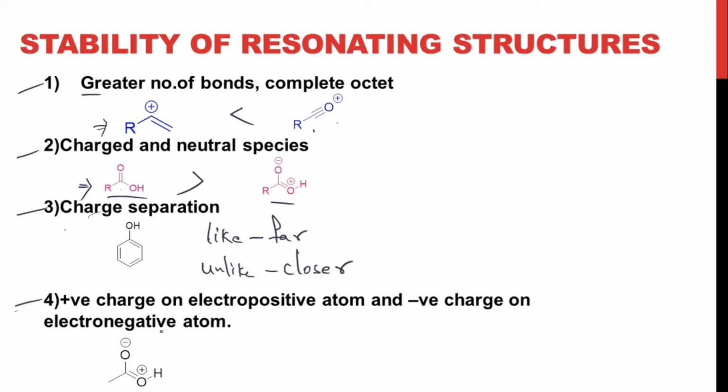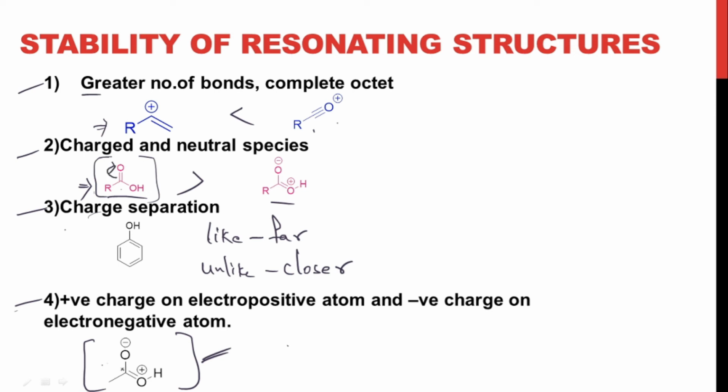And coming to this rule, in this resonating structure the negative charge is on the oxygen atom, so this is a stable resonating structure. This is the resonating structure for carboxylic acid. To obtain a negative charge on the oxygen atom, the electrons should move towards the oxygen atom.